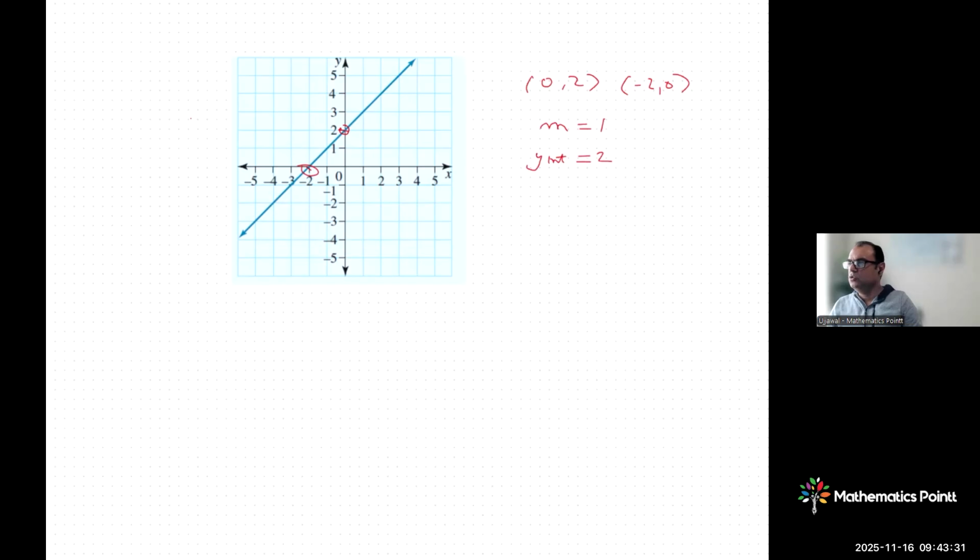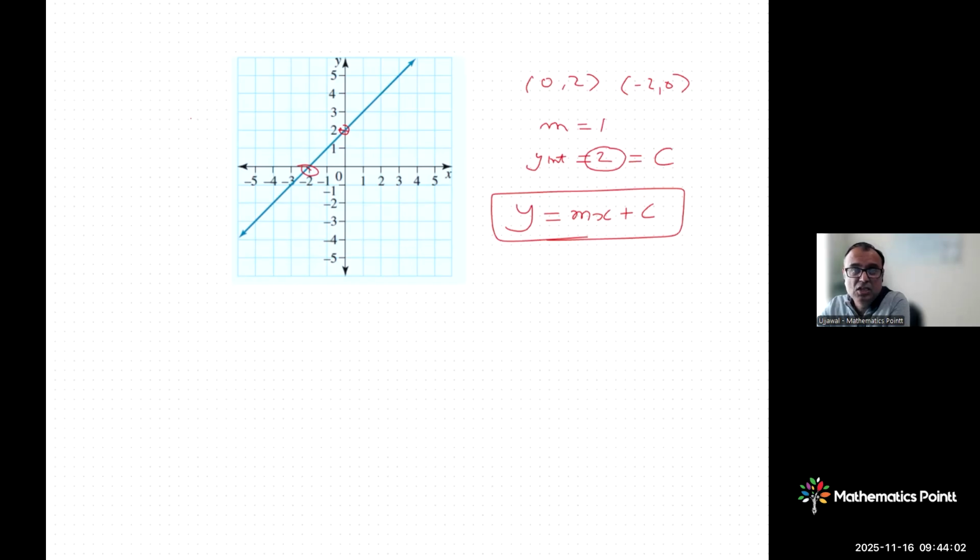Now, if I ask you the next question, can you find me the rule of this line? The rule is always in the form of y equals to mx plus c. Now, what is this c here? The c is the variable that we use for y-intercept.